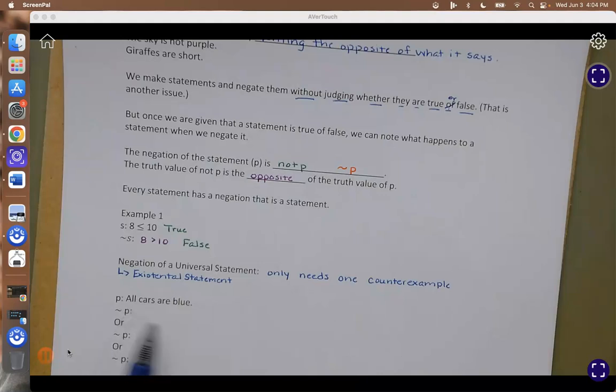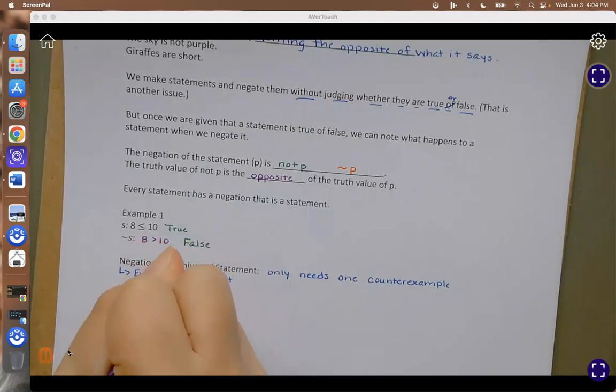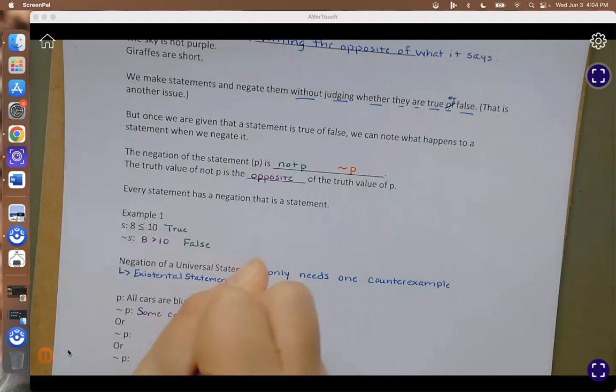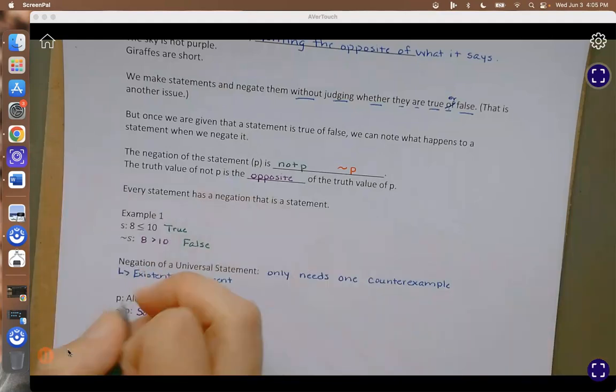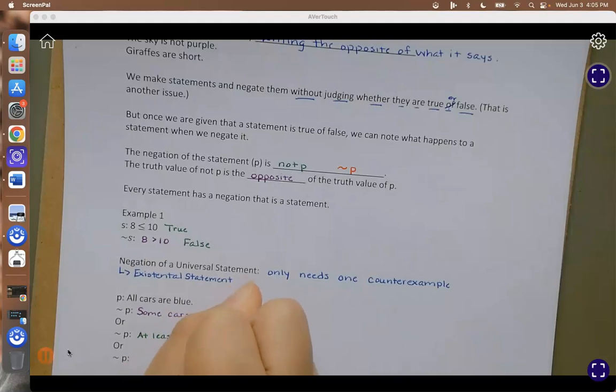Okay, so all cars are blue. So the negation of that could be some cars are blue. Okay, another one could be at least one car is blue.